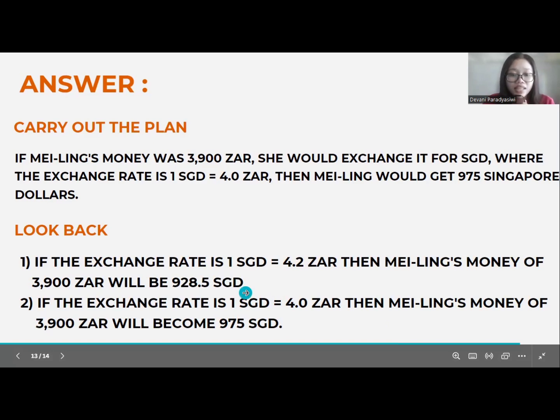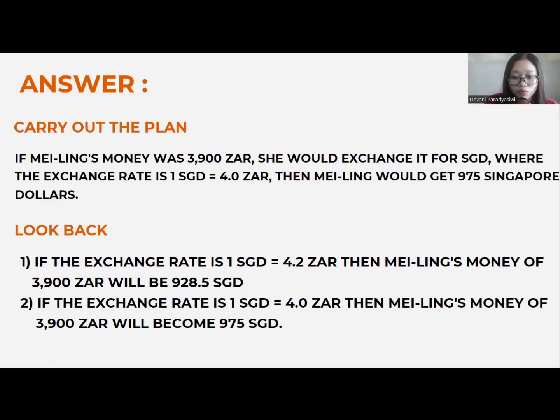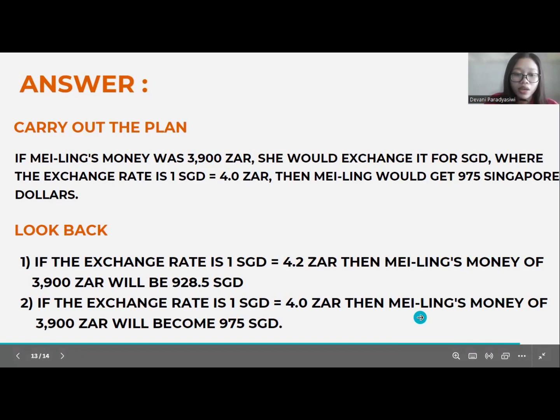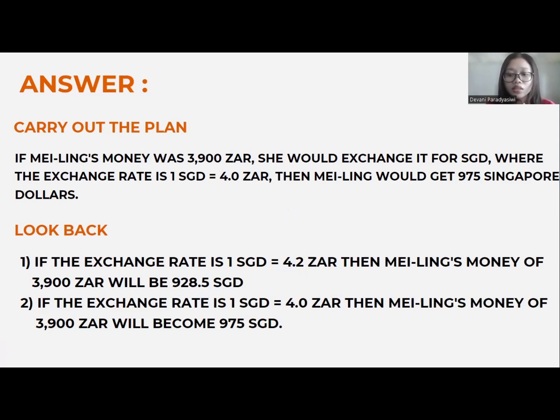If the exchange rate is 1 SGD equal to 4 ZAR, then her 3,900 ZAR will become 975 SGD. We know Mei-Ling will make a profit if she changes the South African rand to Singapore dollars when the exchange rate is 1 SGD equal to 4 ZAR.